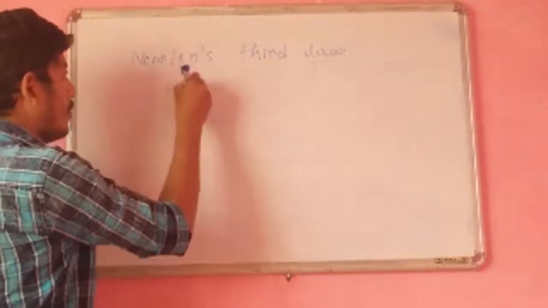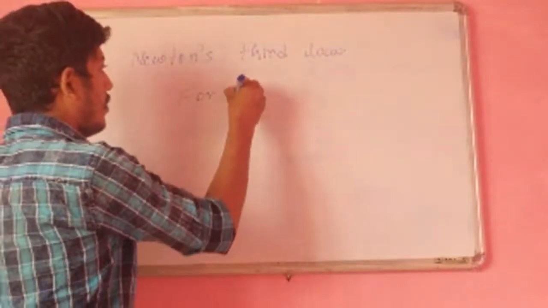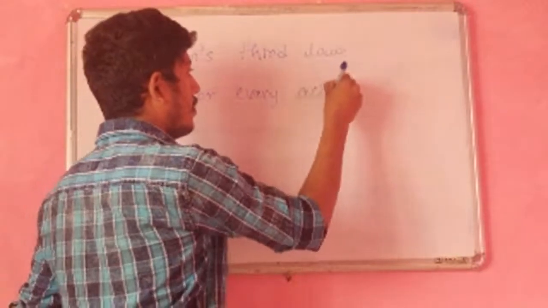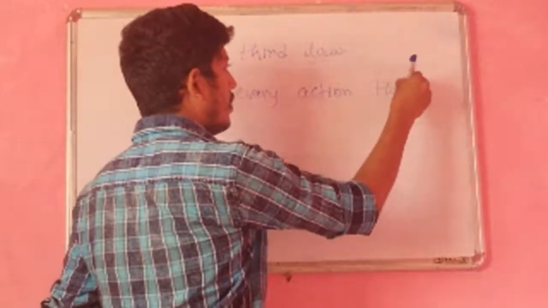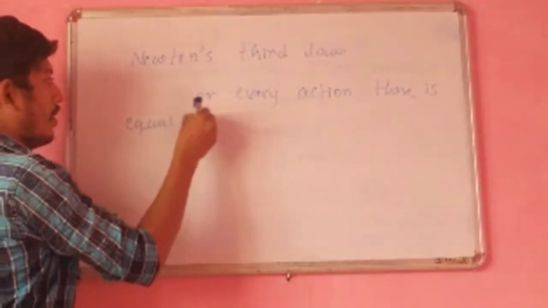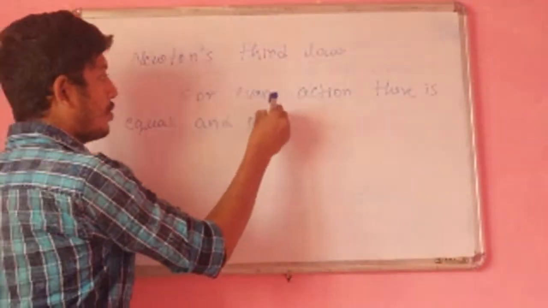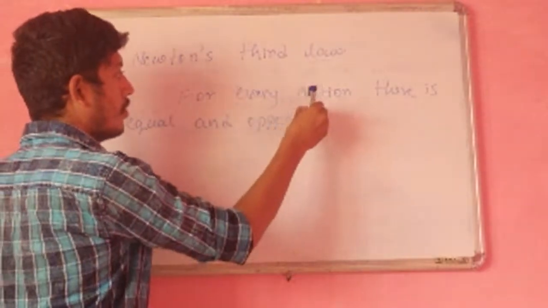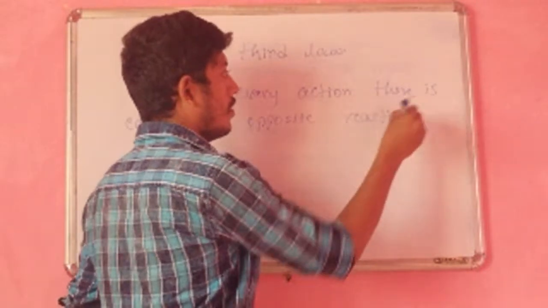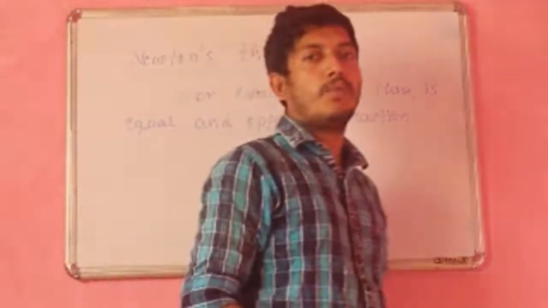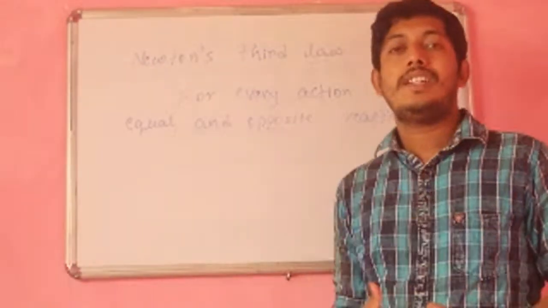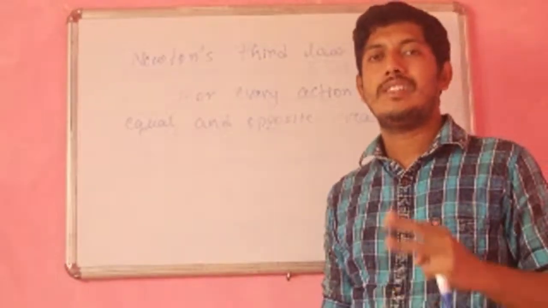For every action there is an equal and opposite reaction. So which are the examples for Newton's third law of motion?